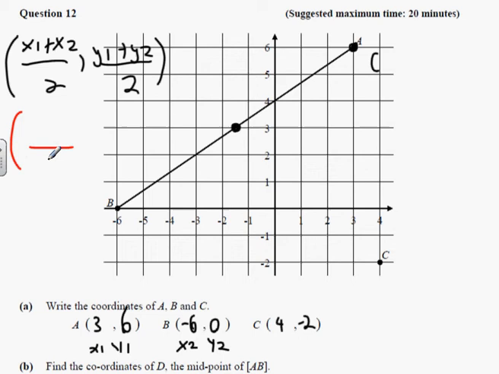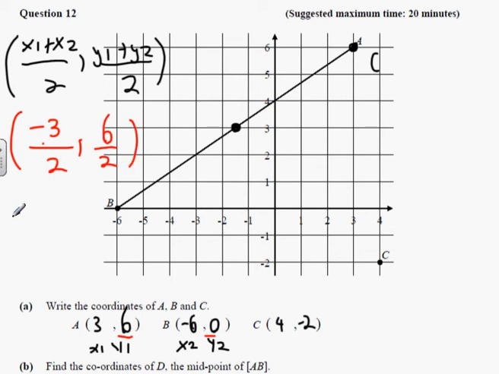And then I'm going to add them together. What's x1 plus x2? 3 plus minus 6, can anybody tell me what that is? It's going to be minus 3. Can anybody tell me what y1 plus y2 is? 6 plus 0? 6.